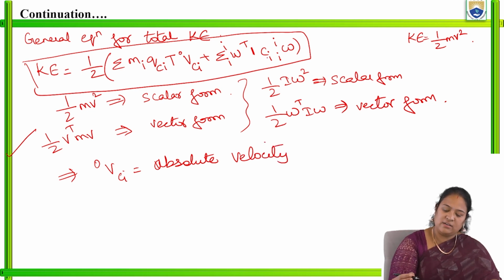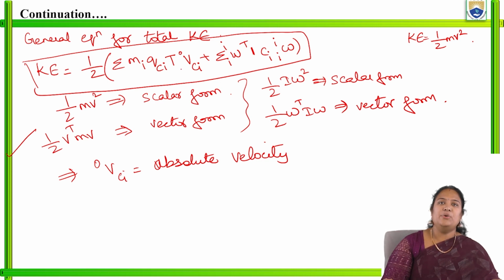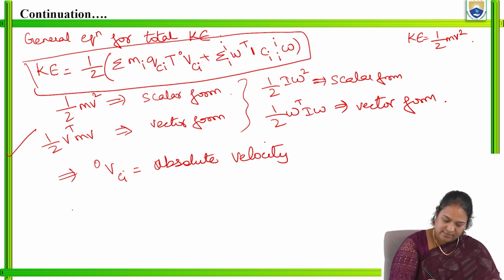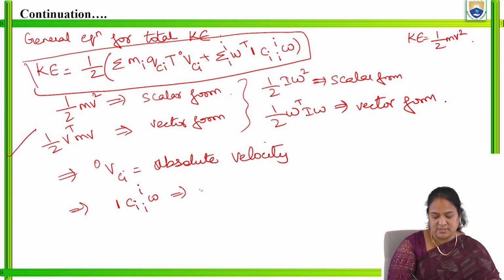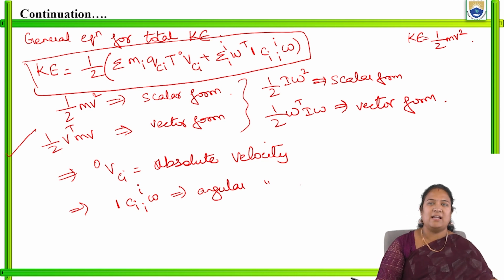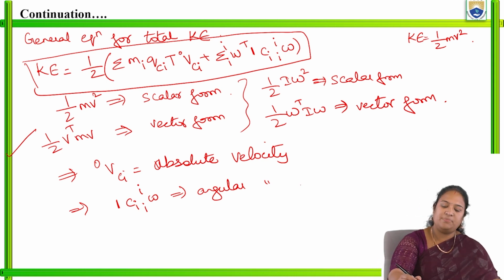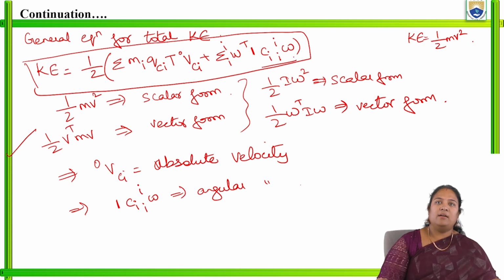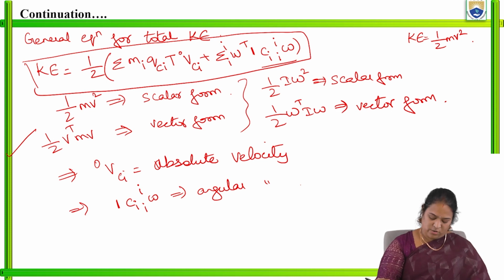Here, omega_i is nothing but the corresponding angular velocity, as I have told you. Omega is angular velocity. So this particular term, I_ci into omega frame i to i, is nothing but the angular velocity.